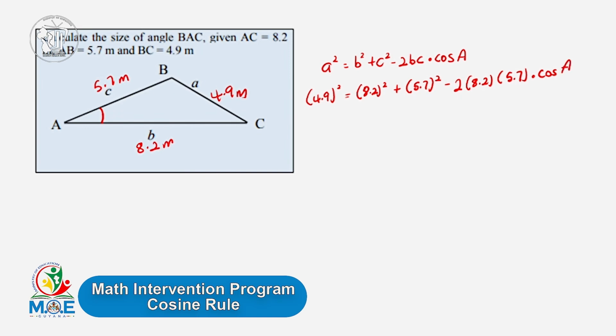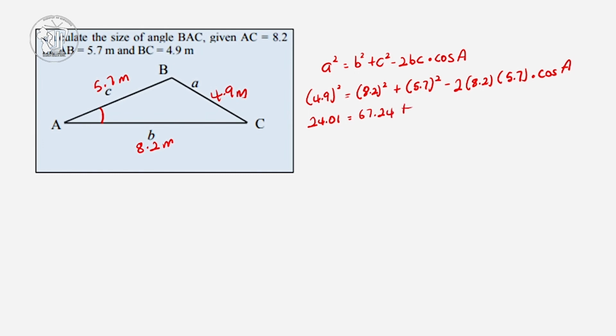So let's work out all of this. So 4.9 squared would be 24.01, which is equal to 8.2 squared, which is 67.24, plus 5.7 squared would be 32.49.